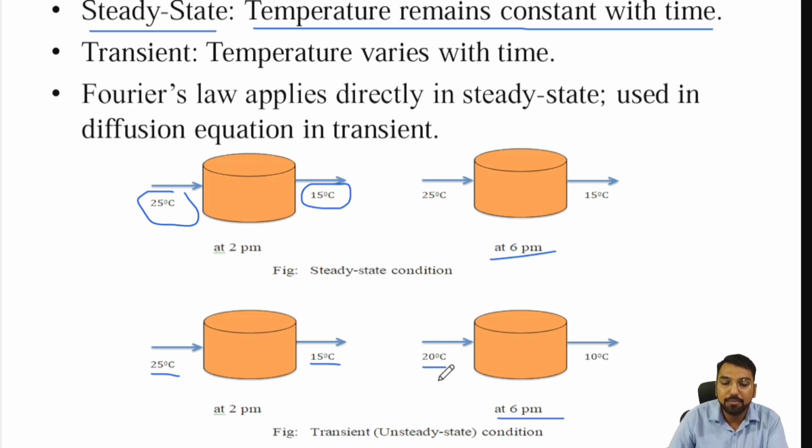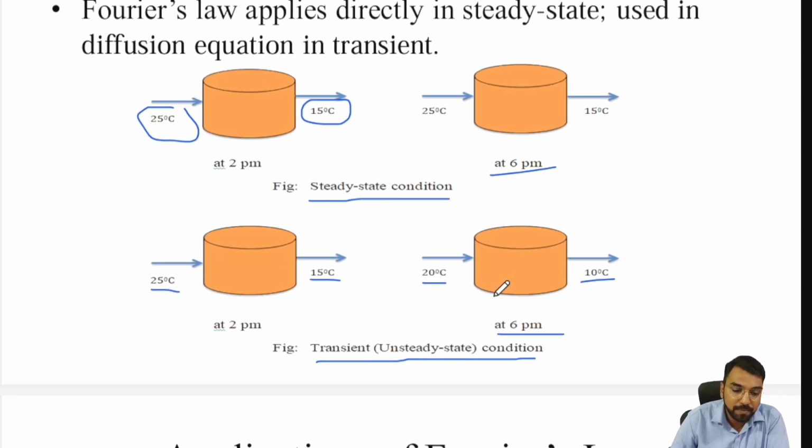That is why this temperature will decrease in actual practice. So this case is termed transient or unsteady condition, which is actually what occurs in real practice, but for ease of understanding engineering problems, we sometimes consider cases to be steady state.